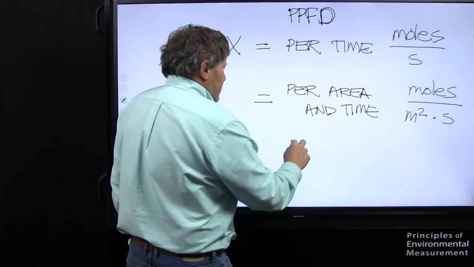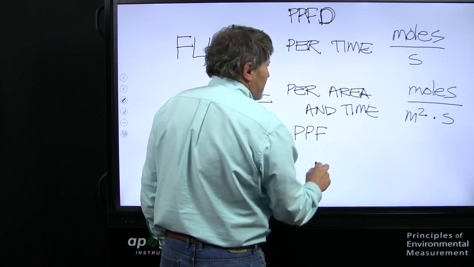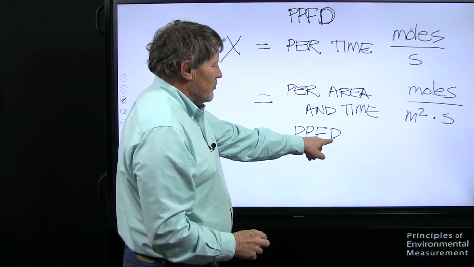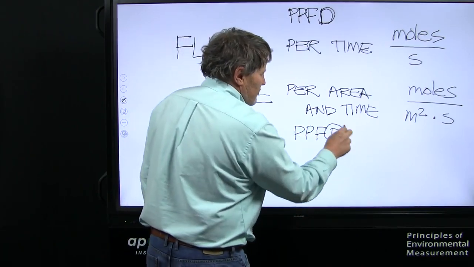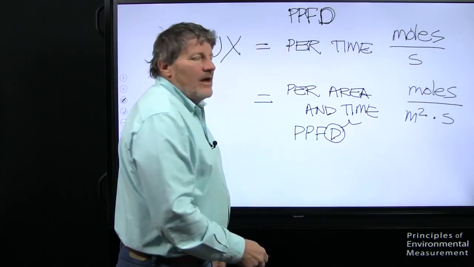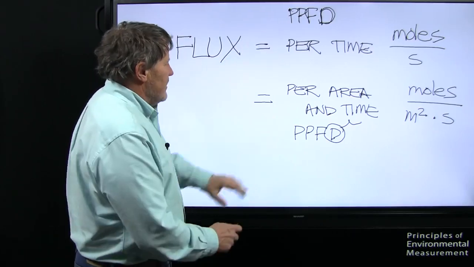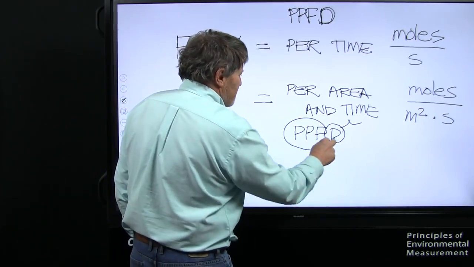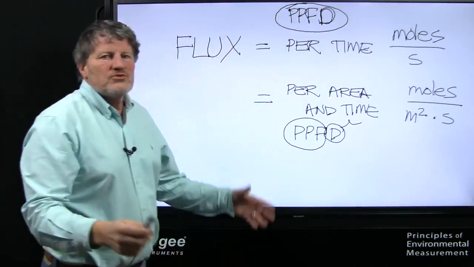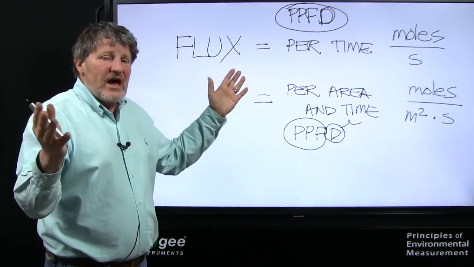If we use this definition and we said PPFD, well, wait a minute, we've got per area and per area again, so this D could be redundant, and we wouldn't need it. If you look through the literature on this, half of the people say PPF, and the other half say PPFD. The terms are used interchangeably. They mean the exact same thing.